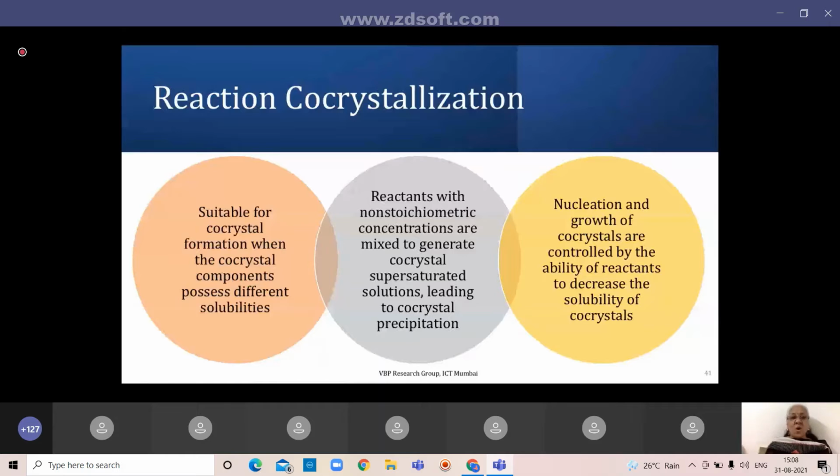There could be reaction co-crystallization. This is used when co-crystal components possess different solubilities. What if you cannot arrive at a common solvent? So then you have different stoichiometric ratios of reactants, take them, but control the nucleation and growth of co-crystals. And that can be done by the ability of reactants to decrease solubility of co-crystals. So keep it in solution till they get enough time to react.